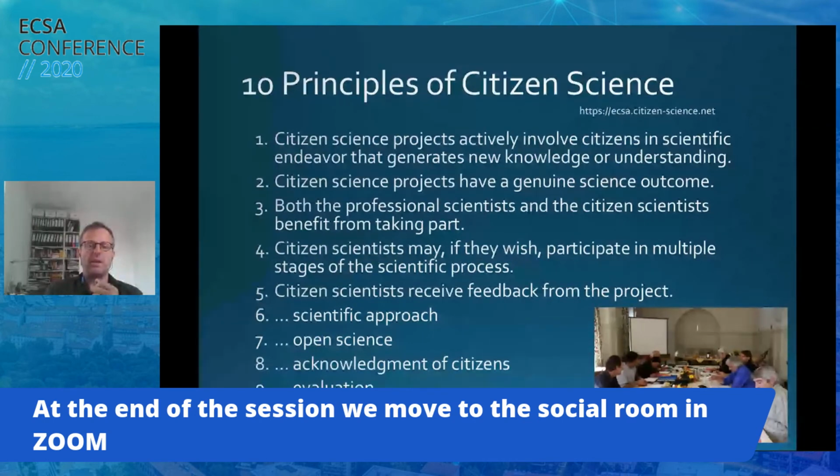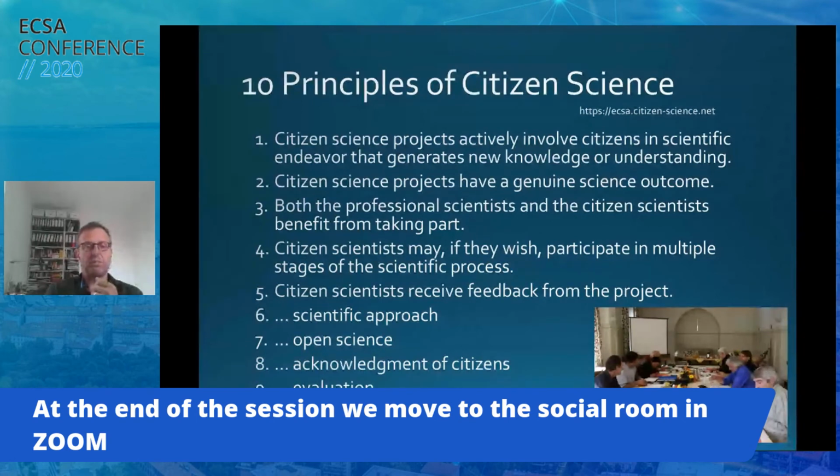Fourth, participation in the difference is important. Fifth, the importance of giving feedback to citizens. Sixth, projects must follow a scientific approach. Seventh, a devotion to open science aids acknowledgement of citizens' science, evaluation is important, and consideration of legal and ethical issues. That's only as a brief overview about the 10 principles, so that we have them on our mind.